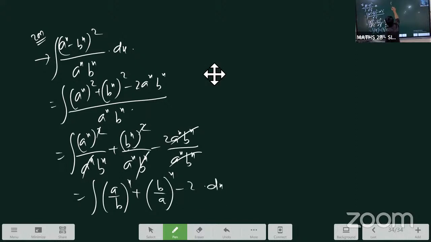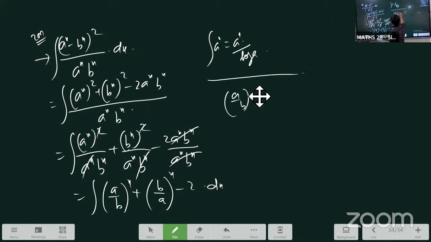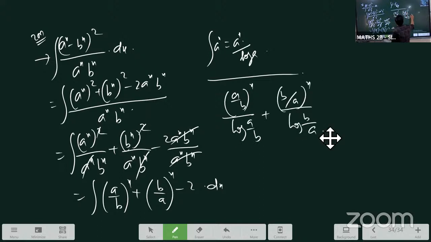Now what is the integration of a power x formula? A power x by log a. In the same way, it is a by b whole power x by log a by b, plus b by a whole power x by log b by a, minus 2x plus c.